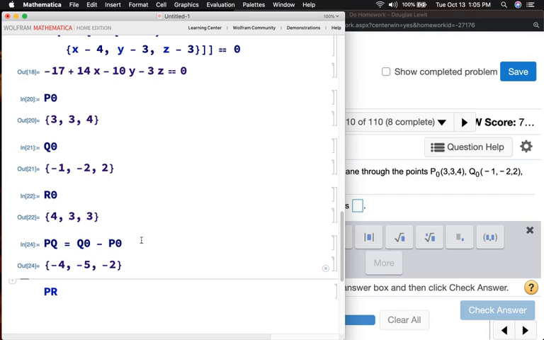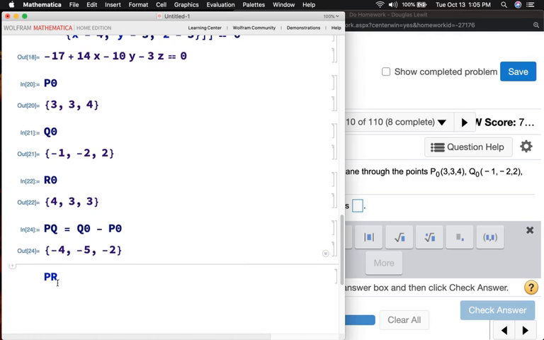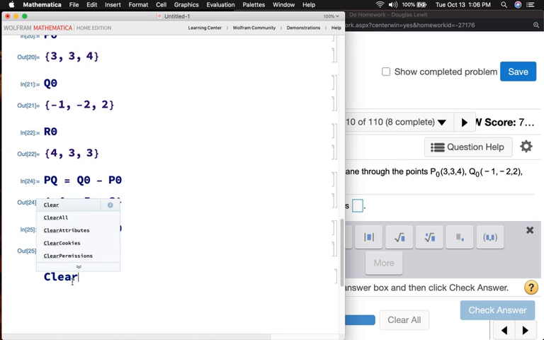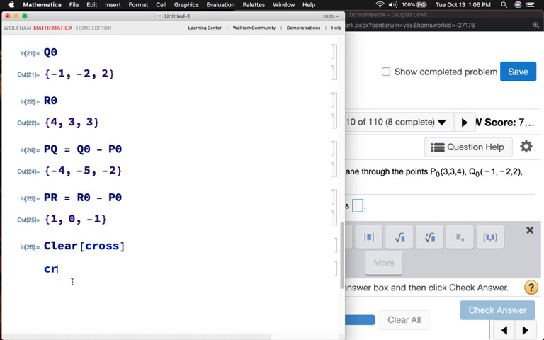But for this problem, it really doesn't make a difference. PR is going to be R0 minus P0. Okay, so now I have vectors. Clear cross, because I'm going to use that variable for something else. I'll redefine it. PQ, PR.